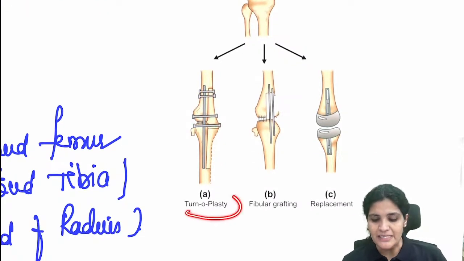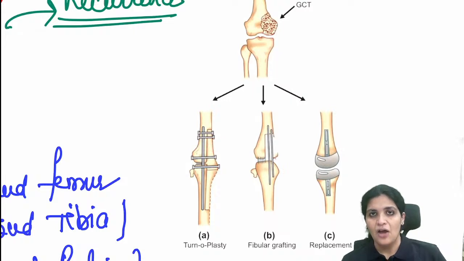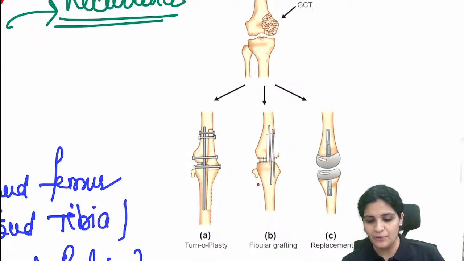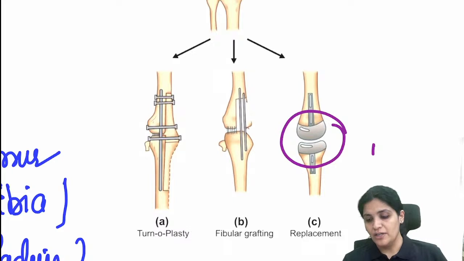So this is called turnoplasty. You take the part of tibia from here and cut it into halves. Then you put one half above, or you can do just a fibular grafting. So you cut the fibula and place the fibula, or sometimes you can completely replace it. So this is called joint replacement, right?